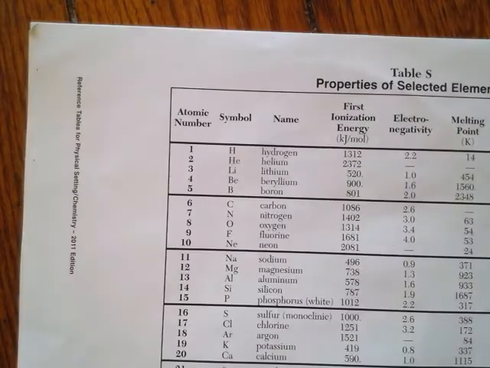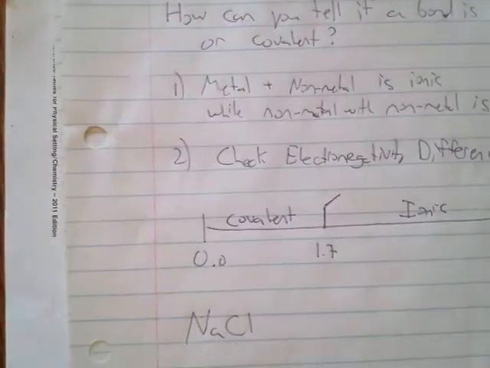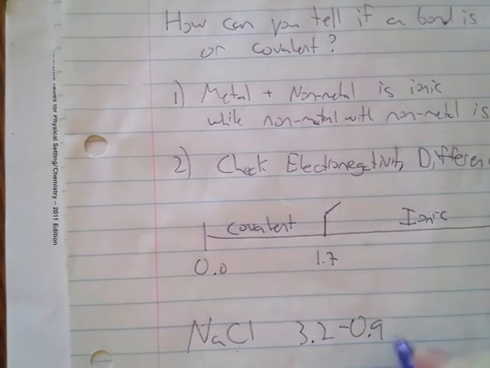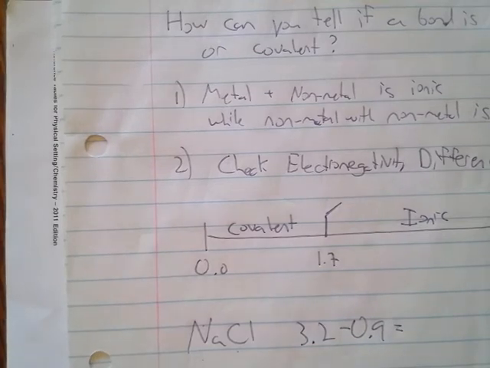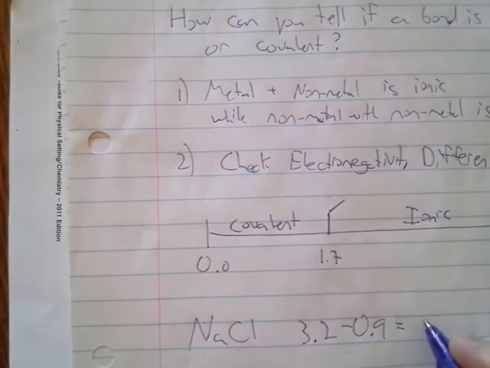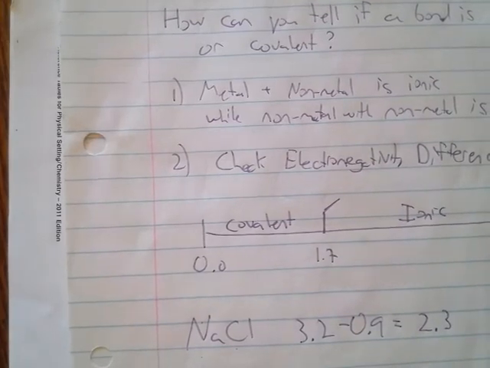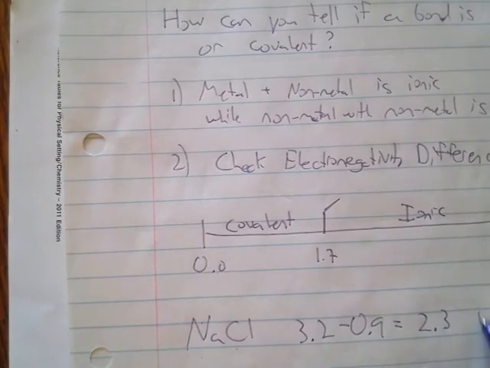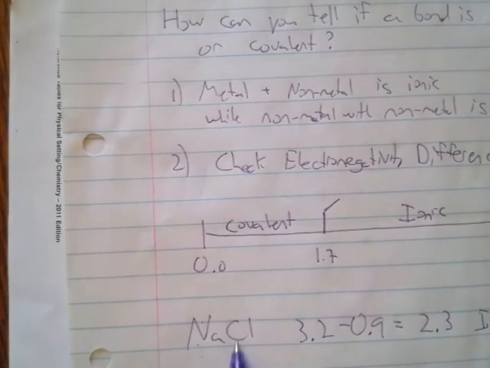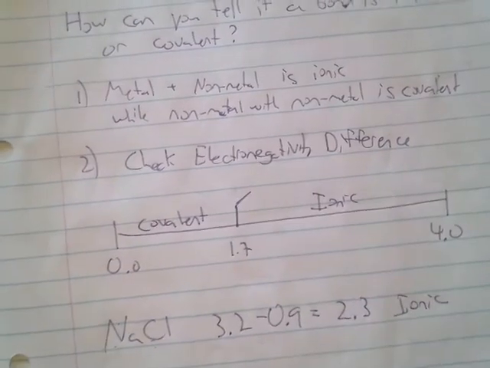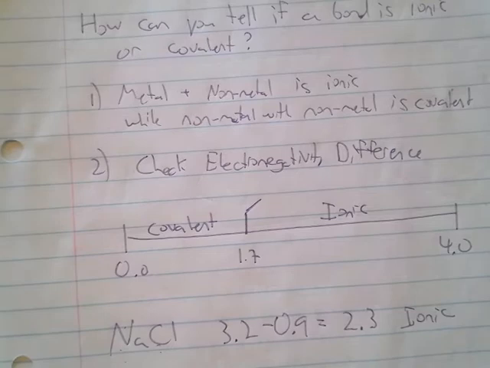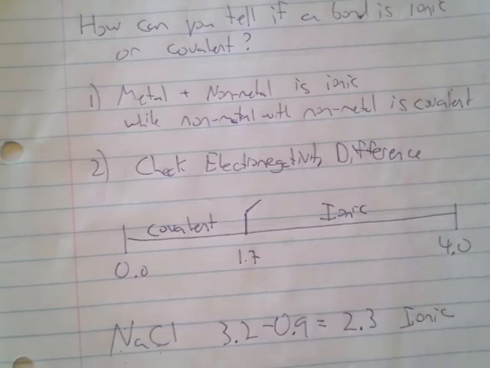So 3.2 minus 0.9 is 2.3. That would be the difference. 2.3 is clearly in this area here, therefore it is definitely ionic. But again, we already knew that, metal and nonmetal. The only reason I like this little number line is I can compare two ionic compounds and say which one is more ionic. The one that's more ionic will have a bigger difference in electronegativity.